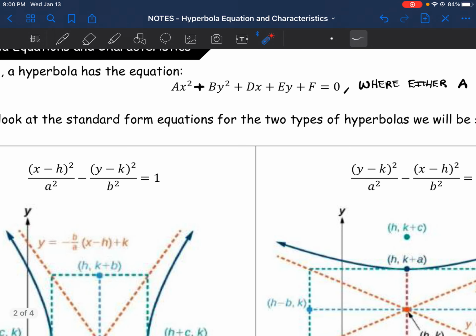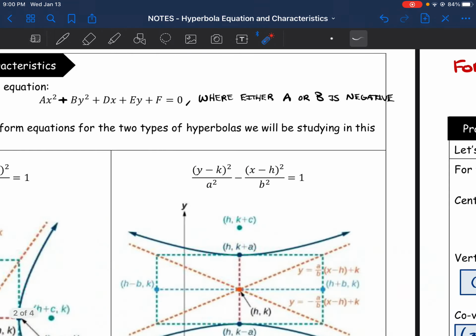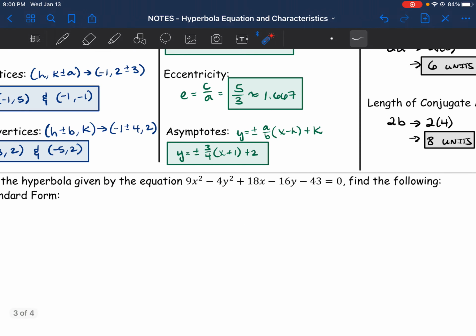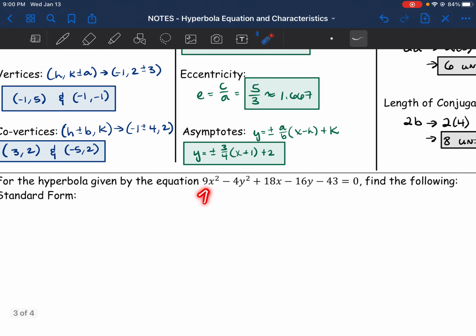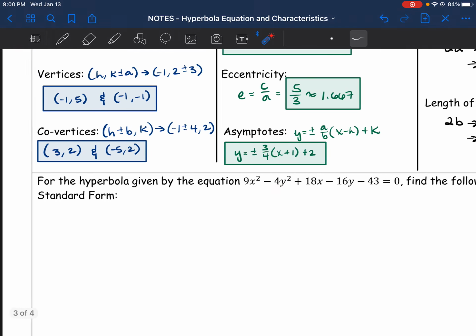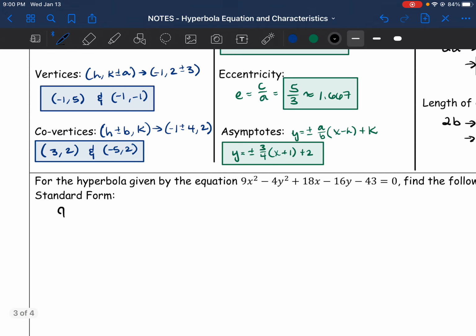Because for hyperbolas, one of them is going to be negative, and the negative one is going to go second when we group our variables. In this one, x is positive, so we're going to collect the x terms first on the left, and the y terms second. So we have 9x squared plus 18x minus 4y squared minus 16y. Now let's move the constant over, set it equal to 43.